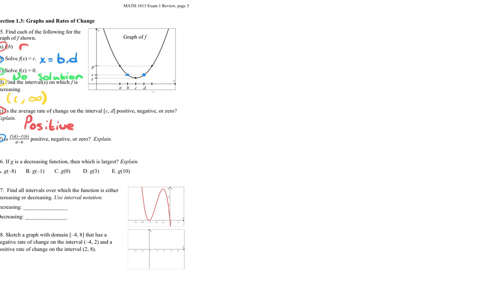If we look at these 2 points here, notice how we get a horizontal line. Because our slope is horizontal, our average rate of change from b to d is going to be 0, because we're not changing between those 2 points. So this should be 0.